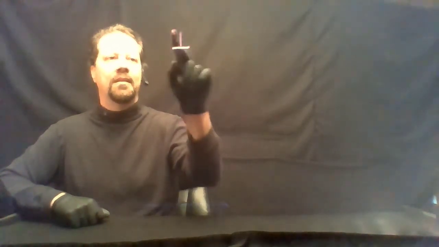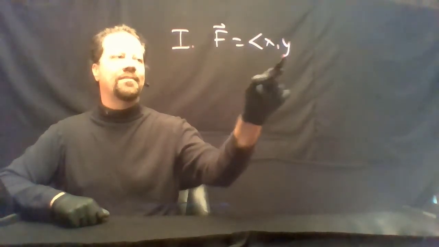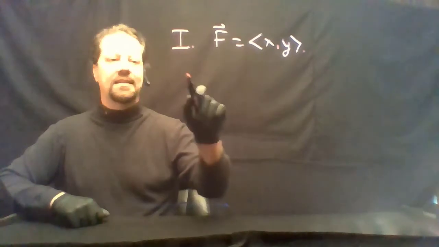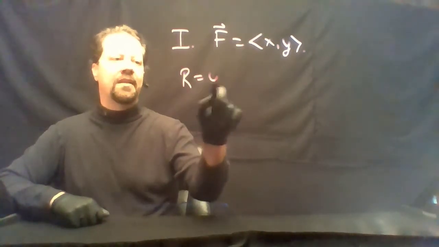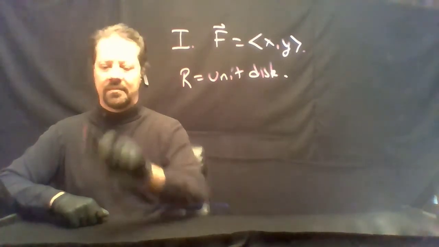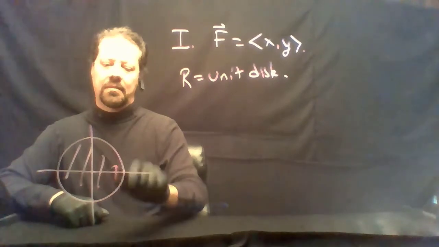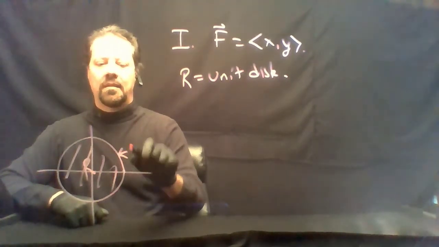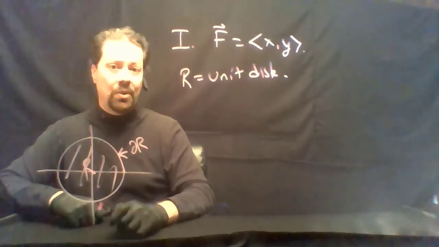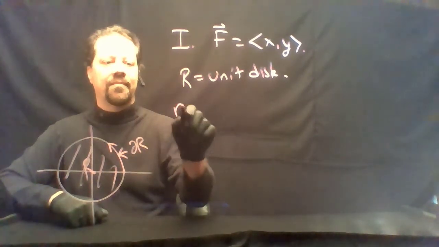I want to calculate both circulation and flux for our prototypes. First, let's look at the vector field xy, and let's let the region R be the unit disk. The boundary will be the unit circle, parameterized in a counterclockwise fashion.